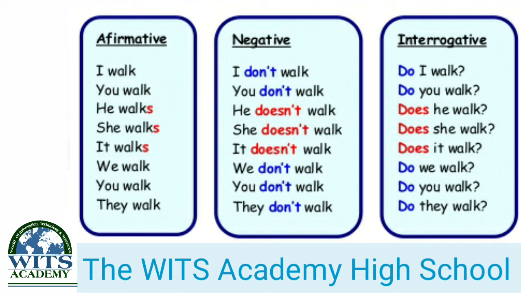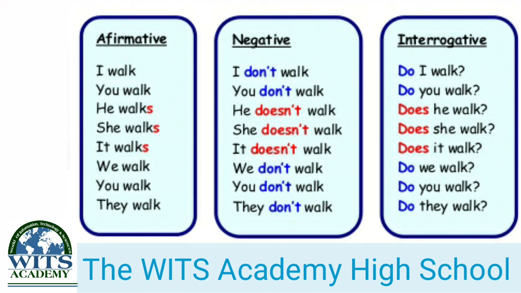Okay? The next sentence is you walk. The negative is you don't walk. And interrogative is do you walk? Sentence number 3 is he walks. Now look, he is third person singular. So here we have given the addition of s with the verb.